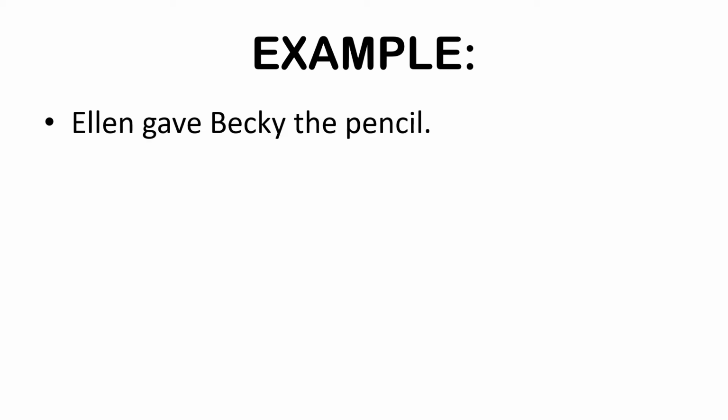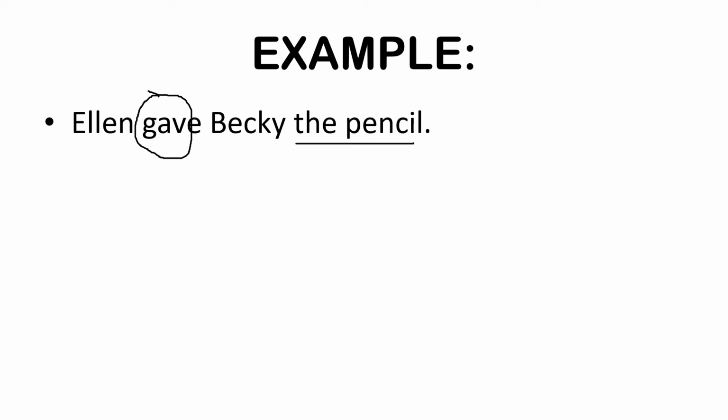Transitive verbs sometimes have indirect objects, which name the object to whom or for whom the action was done. For example, Ellen gave Becky the pencil. The verb is gave. The direct object is the pencil.